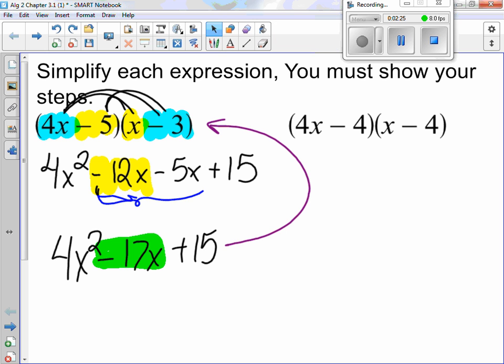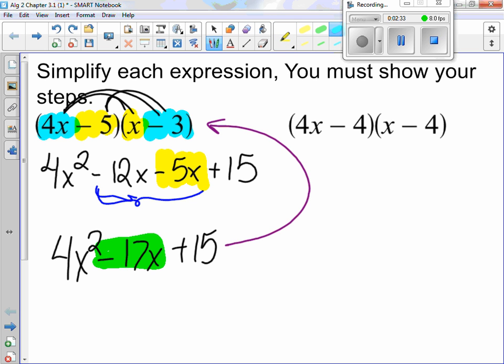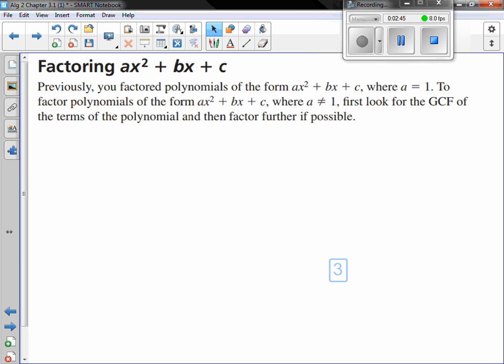Negative 5 times x gave us the negative 5x, and 4x times negative 3 gave us the negative 12x, and those combined to give us the middle term. That's going to be helpful later on. And we'll come back to that here in a little bit.